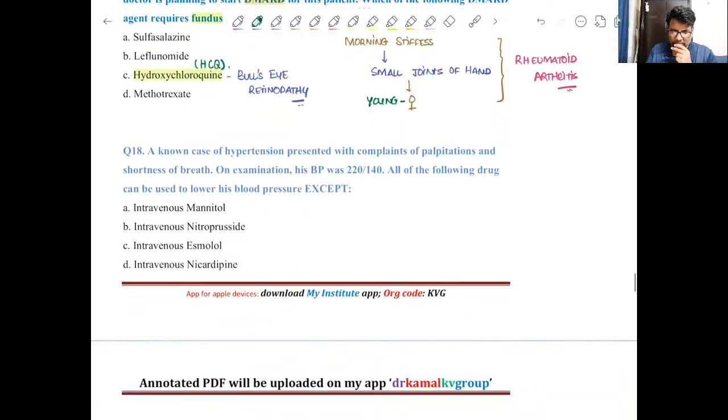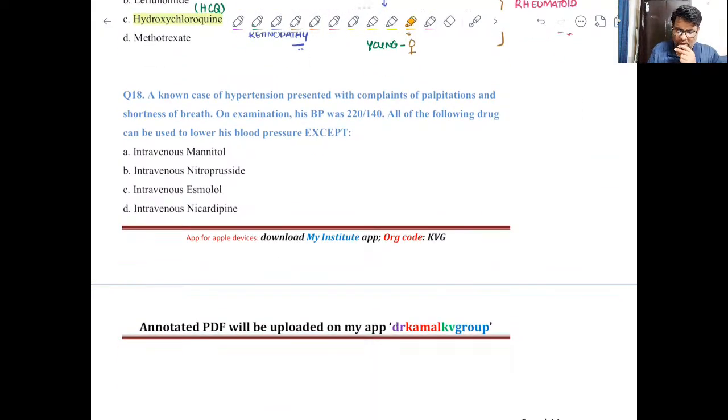Okay. Chalo, next question. A known case of hypertension presented with complaints of palpitations and shortness of breath, and when we checked the blood pressure, it was 220 systolic and 140 diastolic. Now obviously the blood pressure is very high, so we need to reduce the blood pressure.